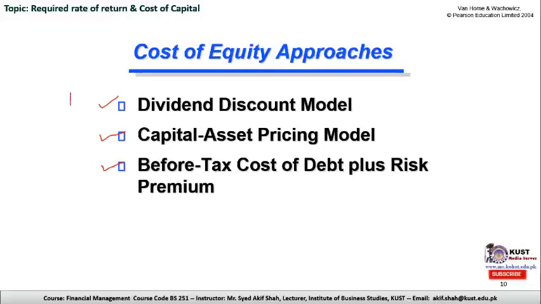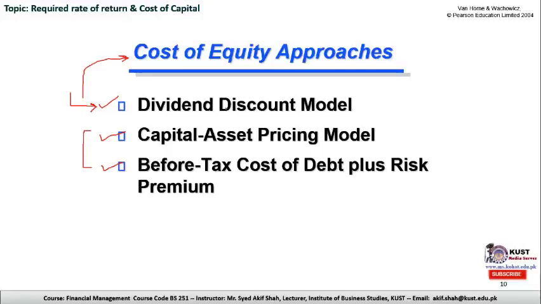However, in this lecture, the prime discussion will be on how to use the dividend discount model to find out the cost of equity. For the remaining two approaches, you have to listen to my subsequent lecture on cost of equity approaches, in which I'll explain these two mechanisms to measure the cost of equity.